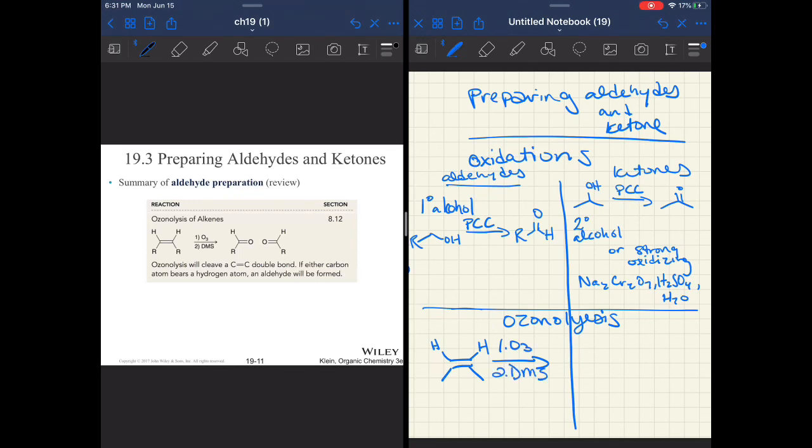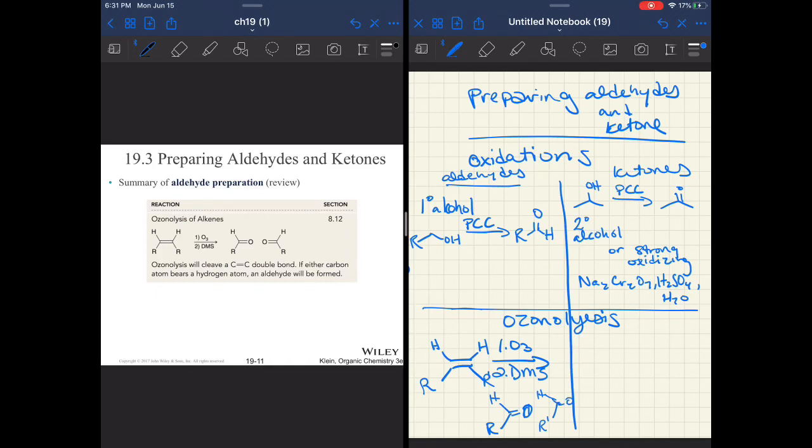We usually use DMS in the ozonolysis of alkenes, and that is going to leave you with aldehydes, right? So if the two R groups are the same, there would be 2 moles of product. If the R groups are different, then you would make 2 different products, right?